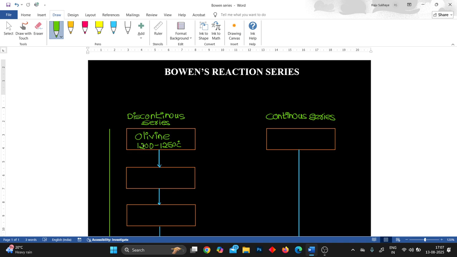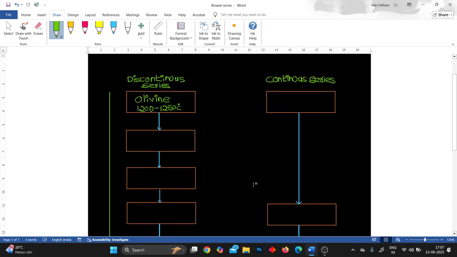So whenever the temperature of the magma reaches 1200 to 1250 degrees Celsius, the first mineral group in the discontinuous series of the Bowen's reaction series forms, that is the olivine group of minerals.